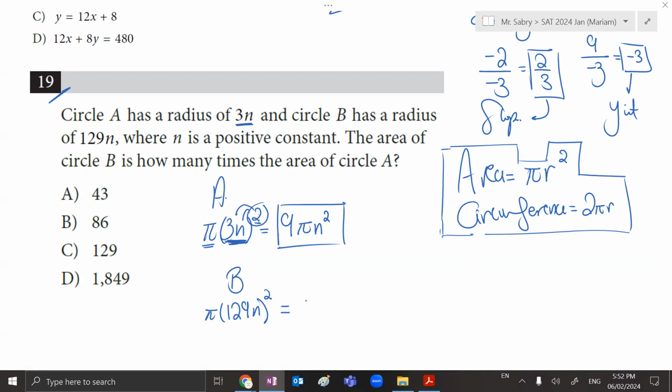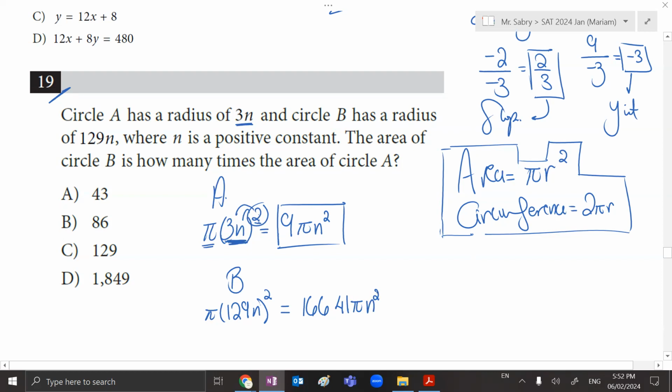No, you forgot about the power of 2. It's gonna be 16641 pi. But then we add the n, to the power of 2, don't forget, okay?